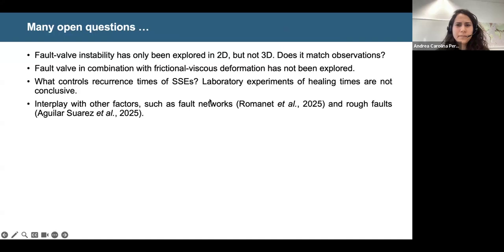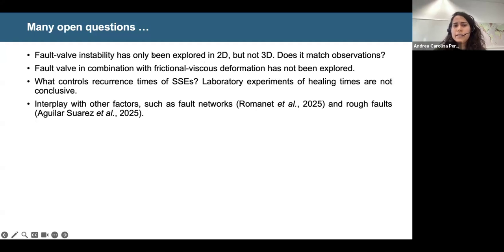Also, we don't know what controls the recurrence times of SSEs in this fault valve model. There are a lot of hypotheses that the recurrence times of SSEs are related to the healing times of minerals and also the precipitation of minerals within fractures, but laboratory experiments are not conclusive regarding the time scale of these processes, and it's not clear that they could be comparable to the recurrence times of SSEs.